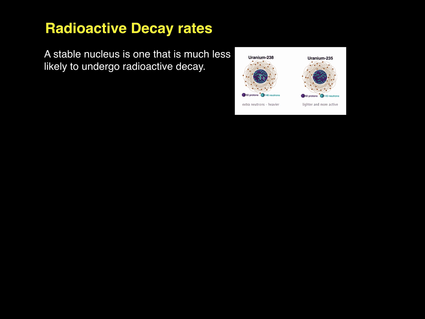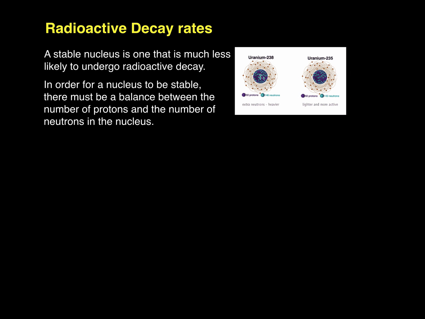Next, we're going to talk about calculations involving radioactive decay rates. A stable nucleus is one that is much less likely to undergo radioactive decay. Uranium-238 is much more stable than uranium-235, which is lighter and more active. In order for a nucleus to be stable, there must be a balance between the number of protons and the number of neutrons in the nucleus.